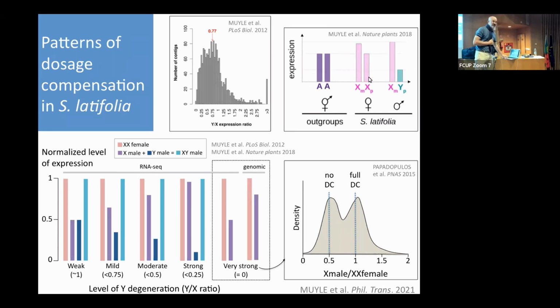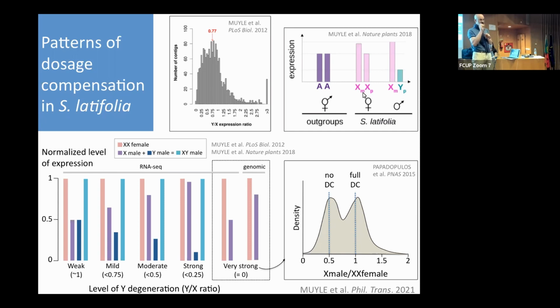The big surprise was in females. If you look now in females, you see that the expression of one of the X is actually also increased, and it's always the X from the mother. So it means that actually the mechanism for dosage compensation in this plant is based on genomic imprinting.